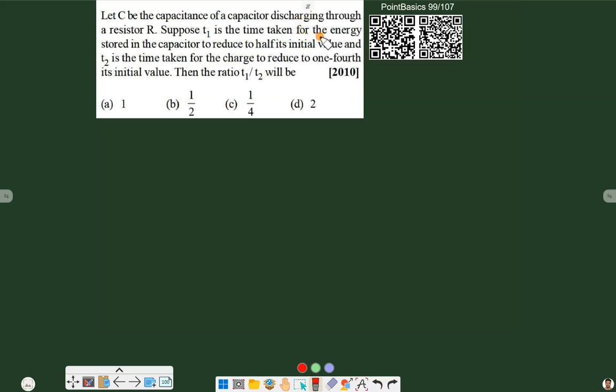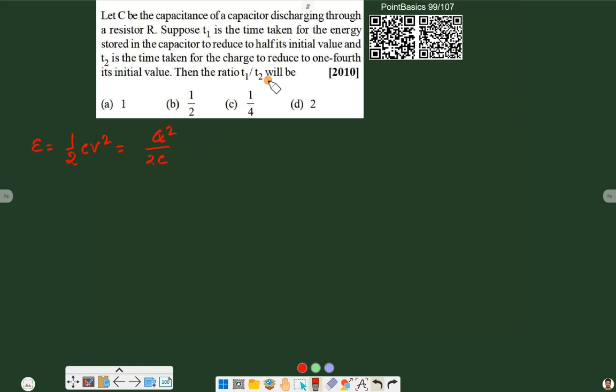So again, first we have to talk about energy. For energy we have two relations, that is half CV square and also Q square by 2C. Now as the capacitor is discharging, its potential is getting changed and its charge is also getting changed, and the value of capacitance is fixed.